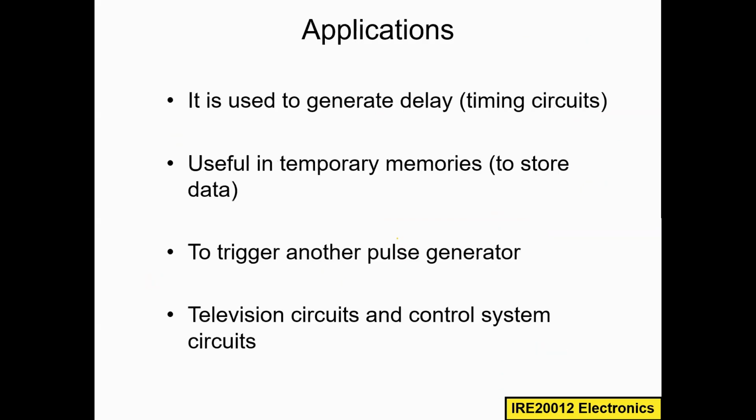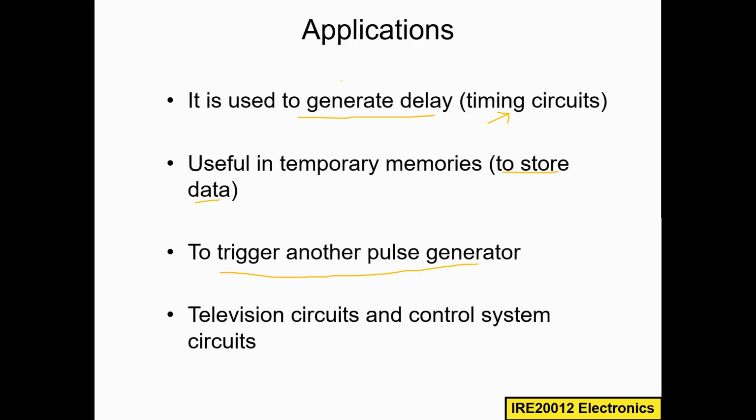Okay, now applications. These monostable multivibrators help us generate delay in timing circuits, and they are also used in temporary memories to store data, and to trigger another pulse generator.